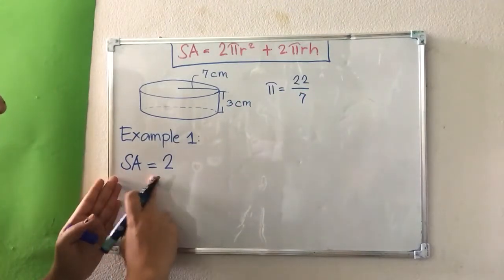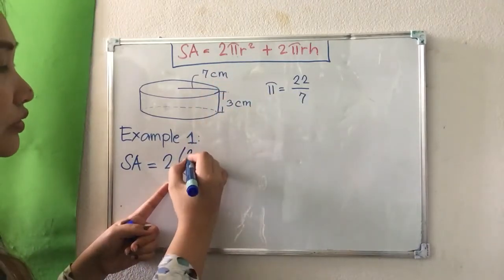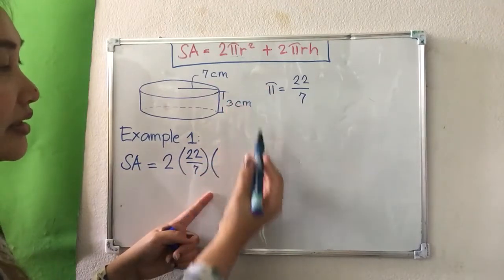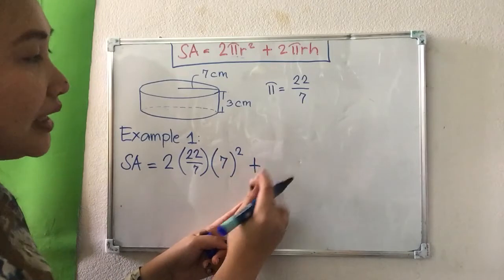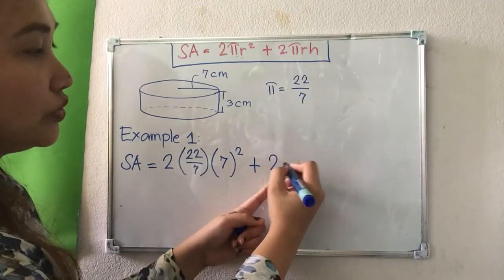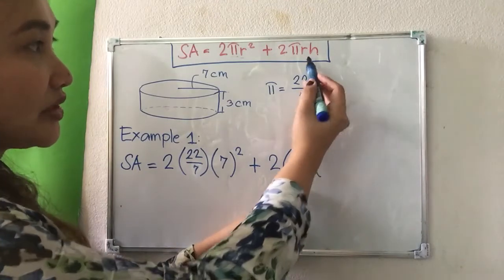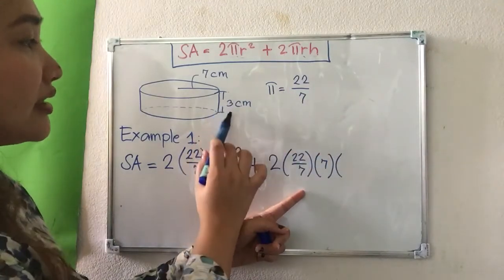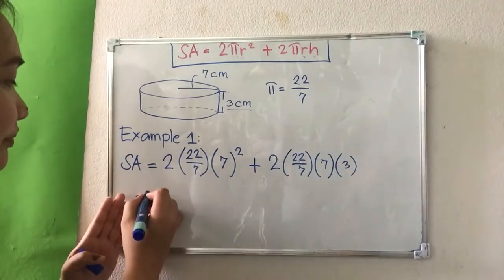So the surface area is equal to 2 times 22 over 7 times the radius, 7 squared, plus the lateral area, that is 2 pi again, 22 over 7, times the radius 7, times the height, which is 3.